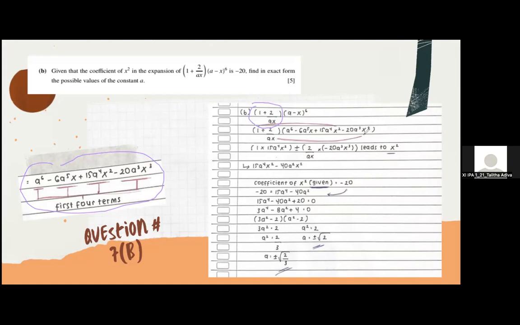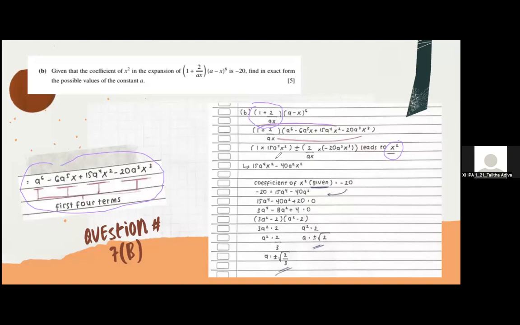the terms that lead to x squared. In this case, we can multiply 1 with 15a^4 x squared, and then 2/(ax) multiplied with the x cubed term.